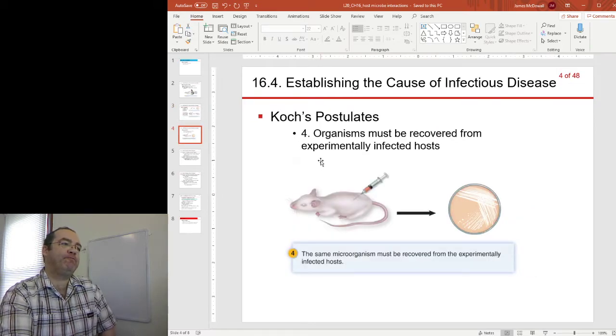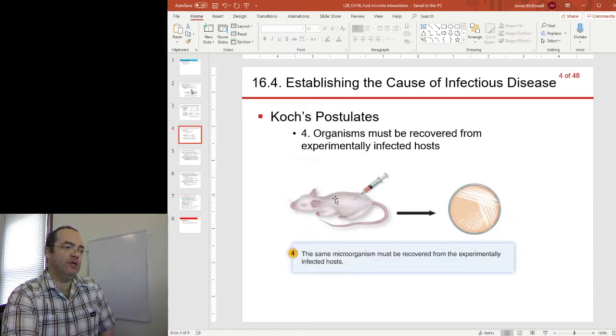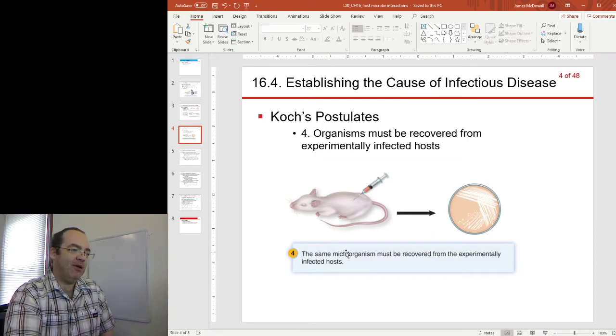And on to number 4. From that second round of mice, the anthrax organism could be extracted, and in this example they are then able to be regrown on the agar. The same microorganism must be recovered from the experimentally infected host.